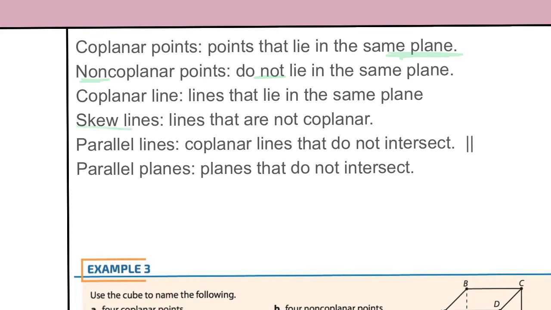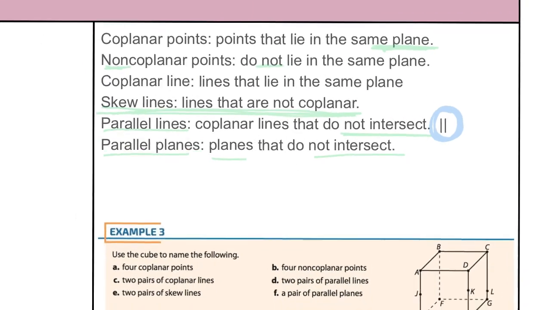Skew lines are lines that are not coplanar. So that means these 2 lines are within different planes. Parallel lines are lines that do not intersect, and parallel planes are planes that do not intersect. This right here is the notation for parallel lines, just so you're aware of that.